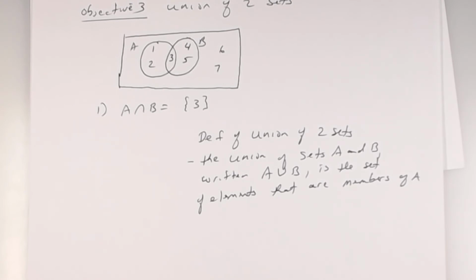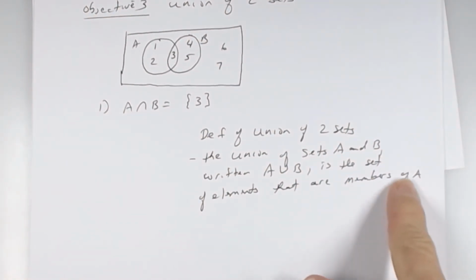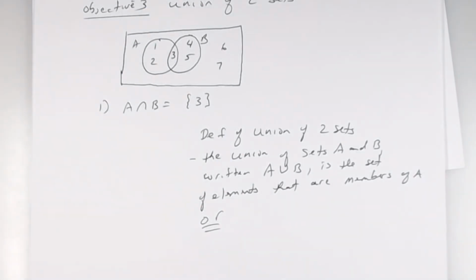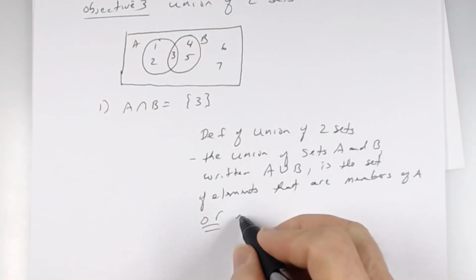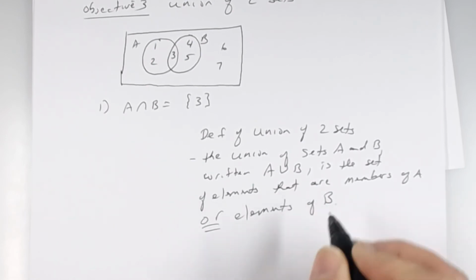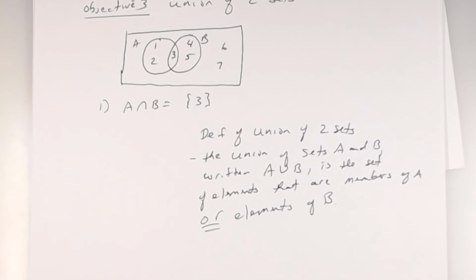Union means this. The set of elements that are members of A or are elements of what? B. Okay? So either they are in A or they are in what?